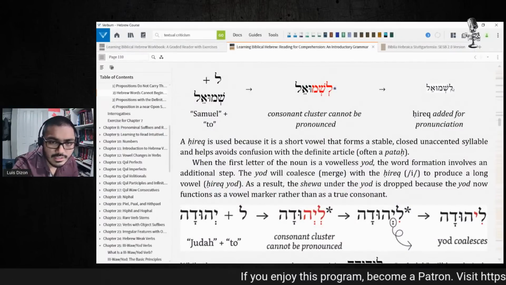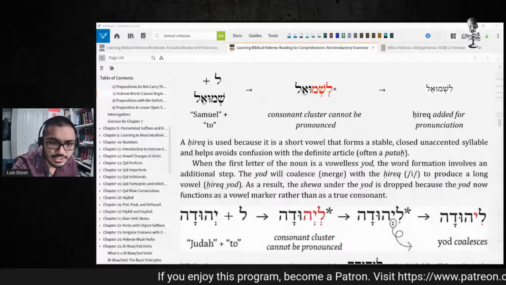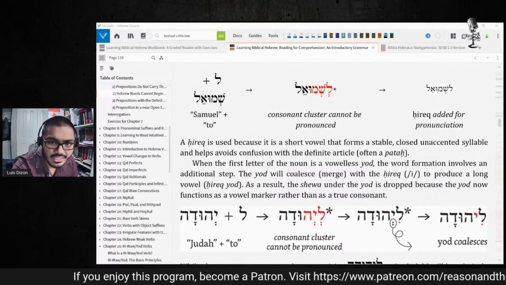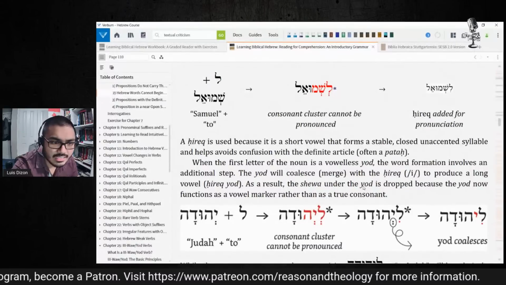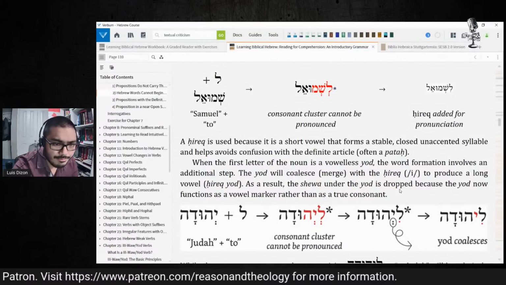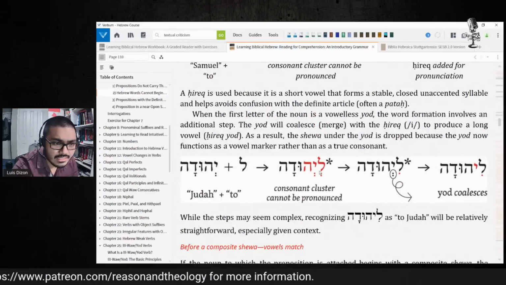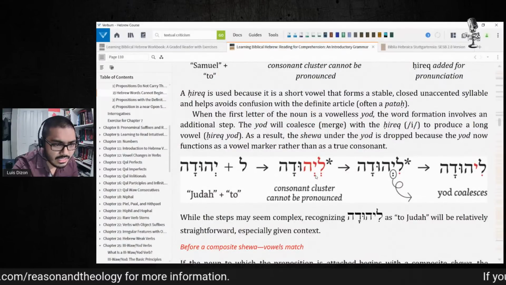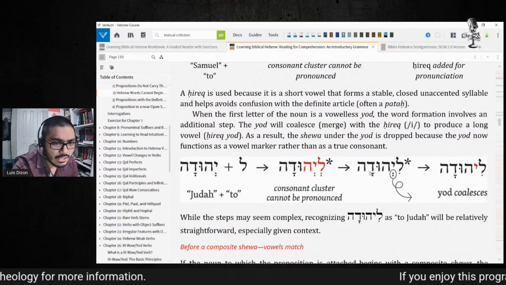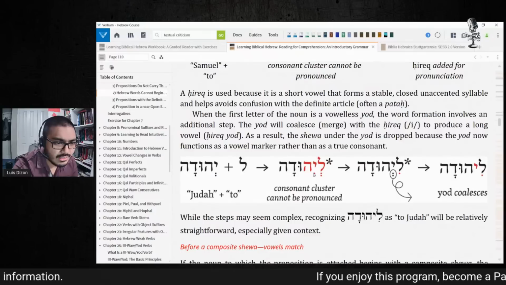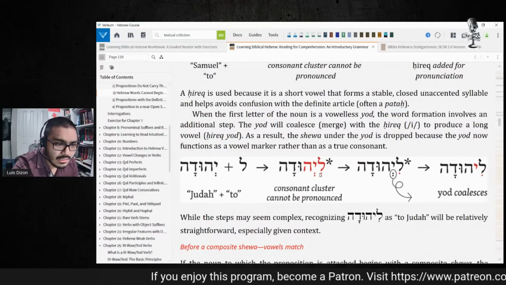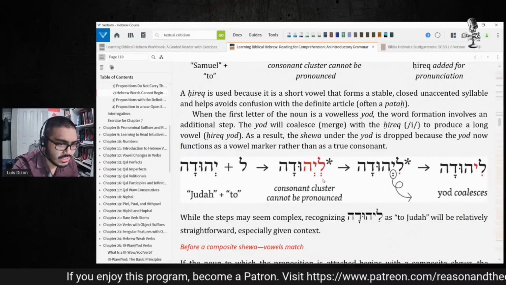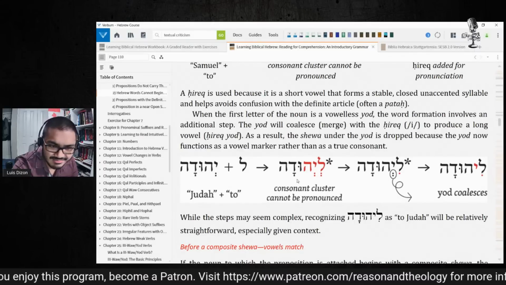And then if the first letter of the noun it's attached to is a yod, then another interesting thing happens, which is that whatever vowel is attached to the yod, usually a shva, drops off. Actually, no, it only happens when it's a shva. So, le Yehuda. You wouldn't say le Yehuda.